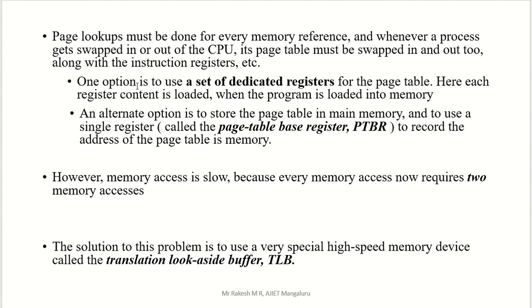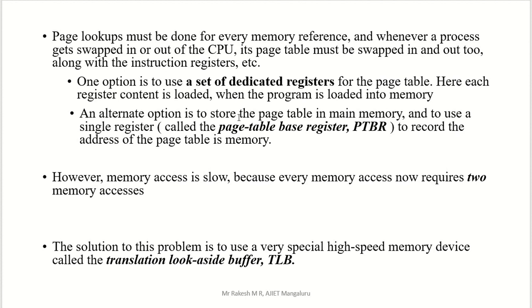One option is to set a dedicated register for the page table. We have to change the page table every time, so where do we save the page table for each process? We create one register only for saving the page table. Is that enough? Register size is small, right?